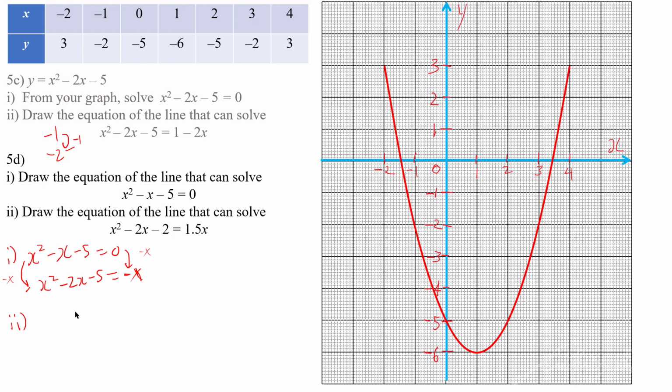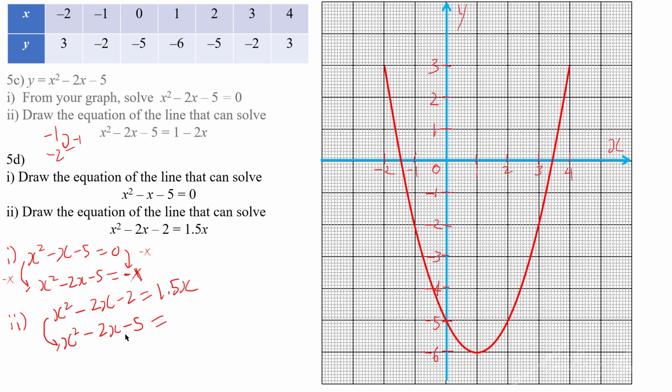And if you need some help, again, x squared minus 2x minus 2 is equals to 1.5x. The original equation or function is x squared minus 2x minus 5. How do I get from here to here? -2 to -5.